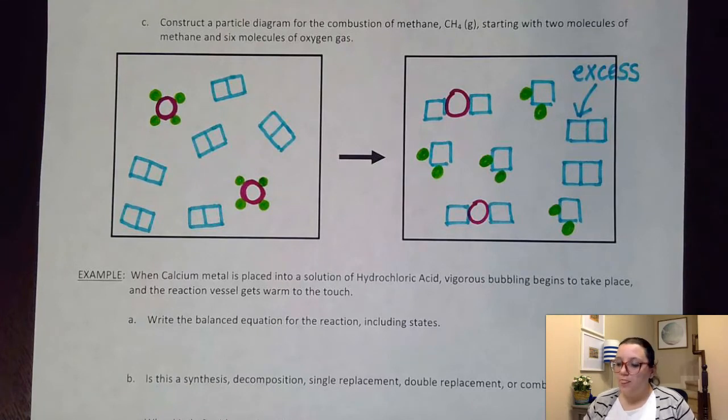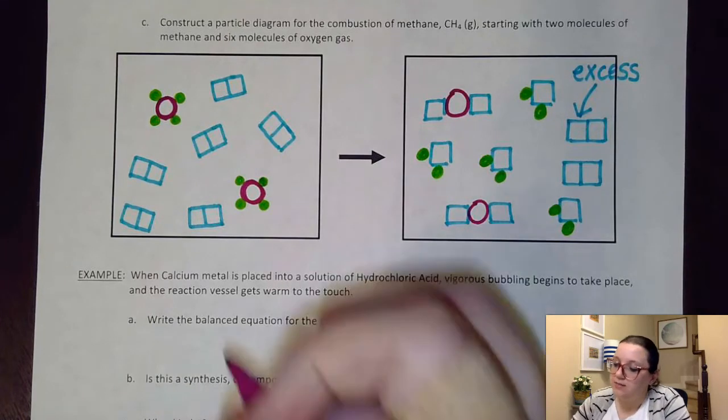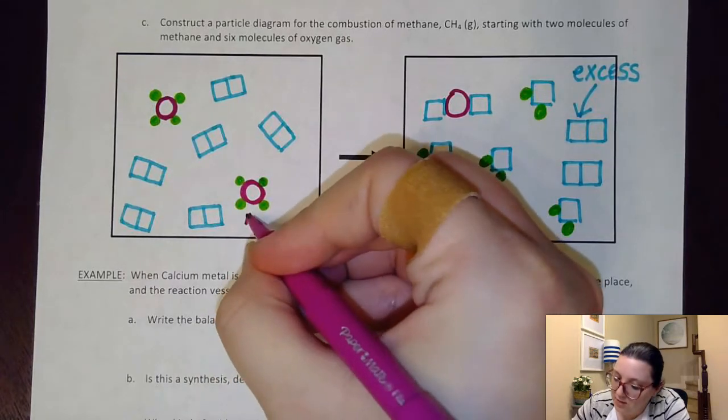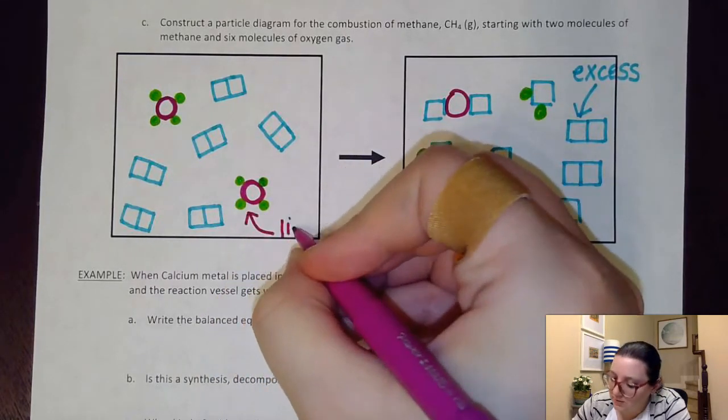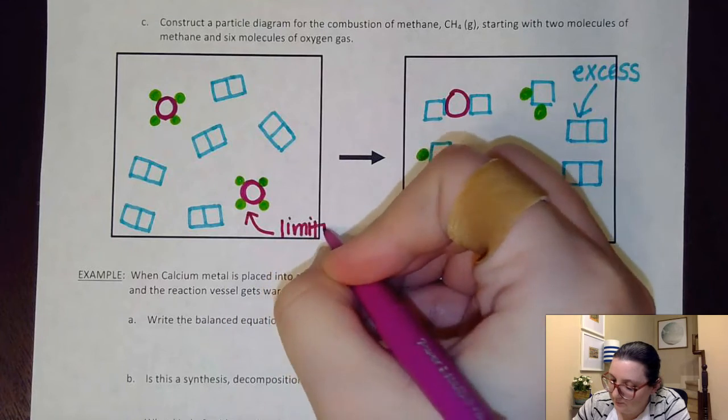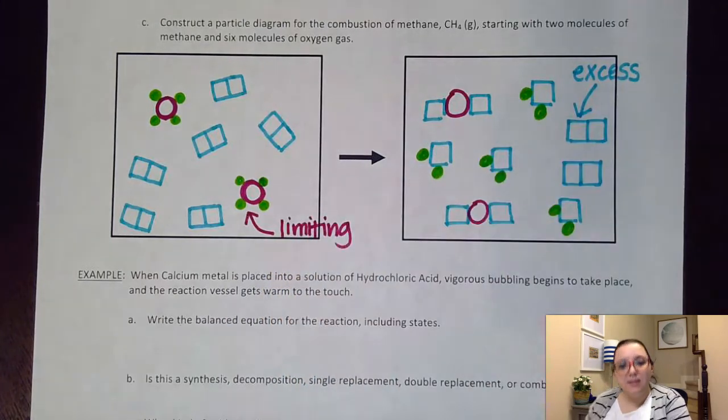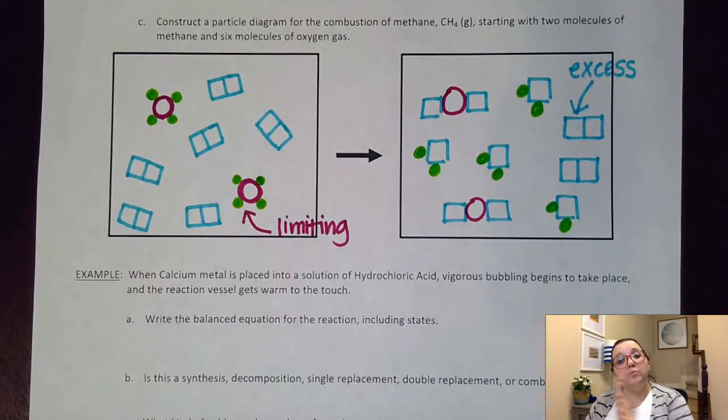Okay. What that also means is that this initial methane here was what we call the limiting reactant. It limited how much of those products I could make, and I used all of it up at the end. There's none of it left at the end of the reaction. So hopefully those terms sound familiar. I know we talked about excess and limiting reactants back in pre-AP, but just as a reminder, this is how it would look in a particle diagram.